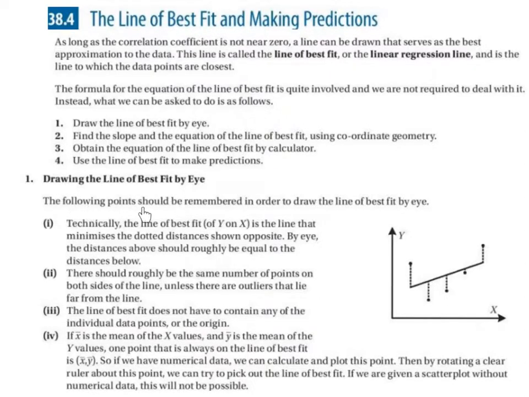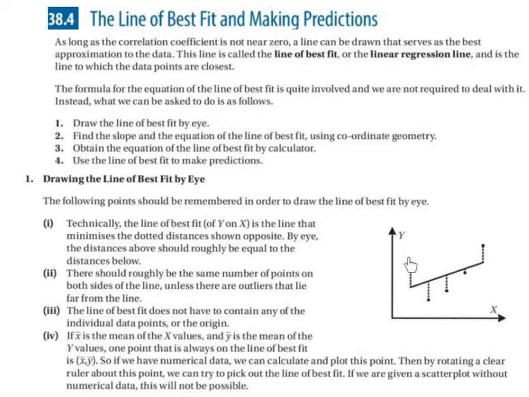The following points should be remembered in order to draw the line of best fit by eye. Part 1. Technically, the line of best fit of y on x is the line that minimizes the dotted distances shown opposite. By eye, the distances above should roughly be equal to the distances below.